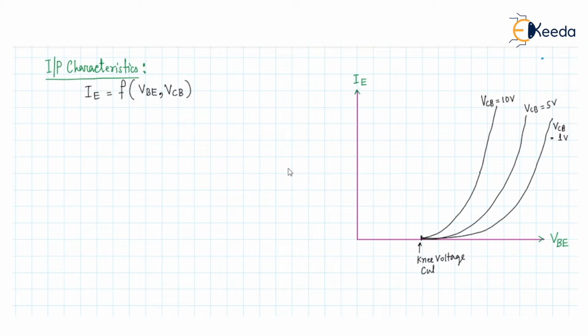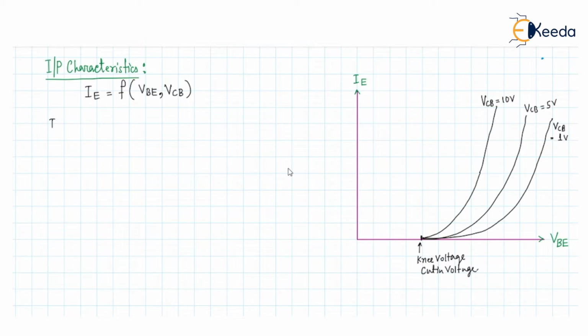Generally, it is the cut-in voltage of the material. From these input characteristics, you can see that IE increases very rapidly for a very small change of VBE beyond a point.